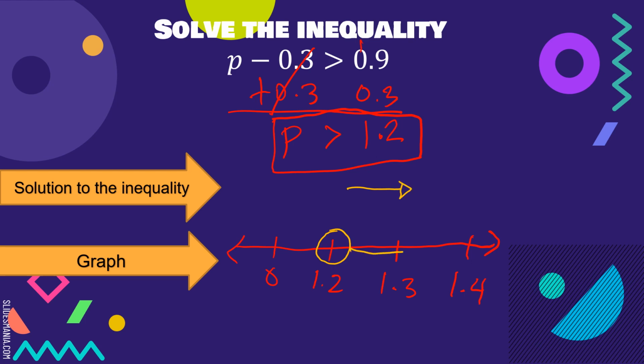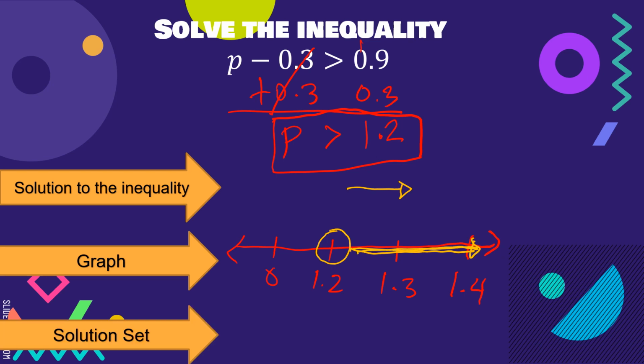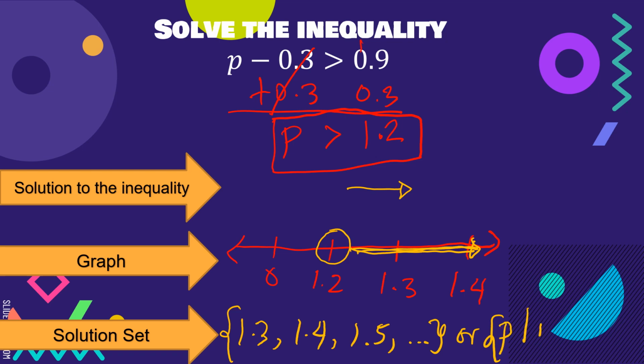So we are going to sketch the graph to the right. And then we are going to write our solution set. 1.2 is not included, so we will begin with 1.3, comma, 1.4, 1.5, comma, dot, dot, dot, close curly braces, or this can be written as the set of all p such that p is greater than 1.2.